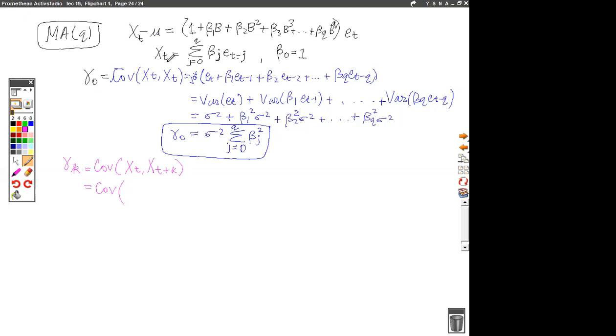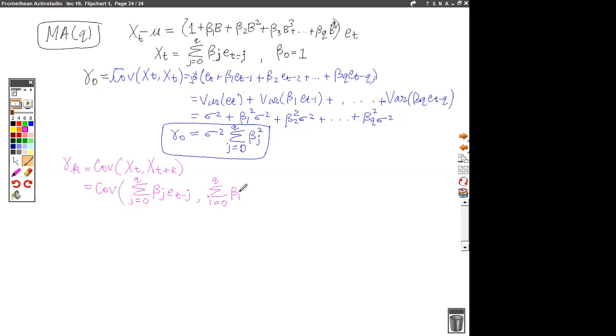So I know that I can write my x_t as such. This will be the summation j taking values from 0 till q of beta_j e_(t-j). And for x_(t+k), I will write the summation i taking values from 0 to q. Now remember, instead of t, you will have t plus k. So wherever you have t, you will write t plus k.